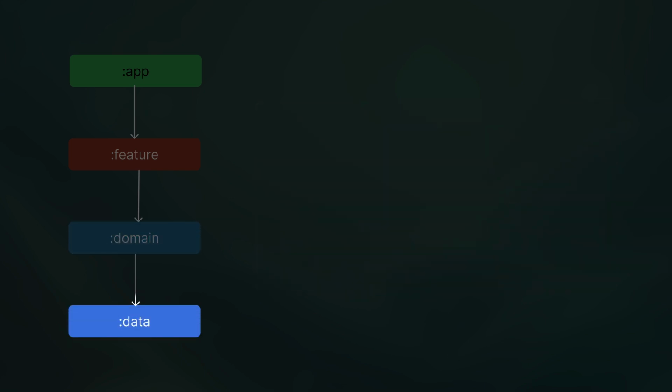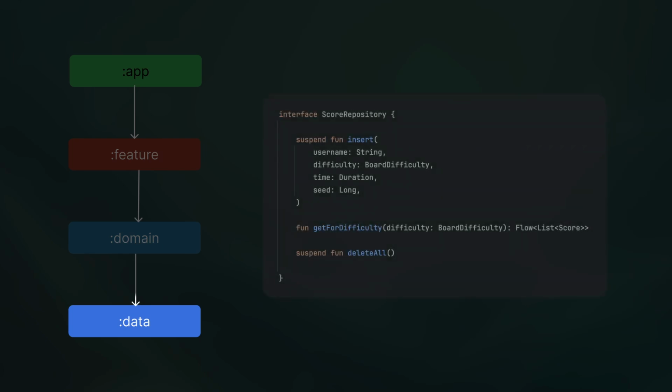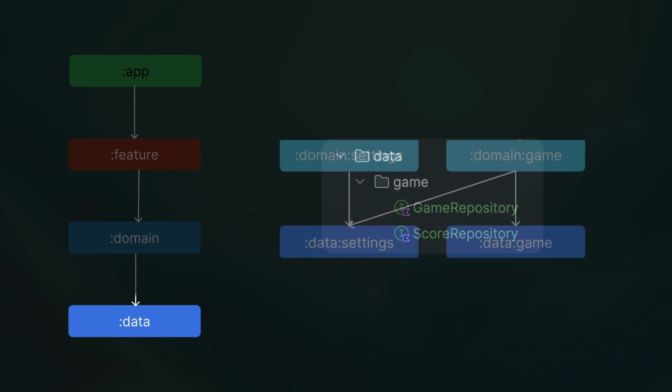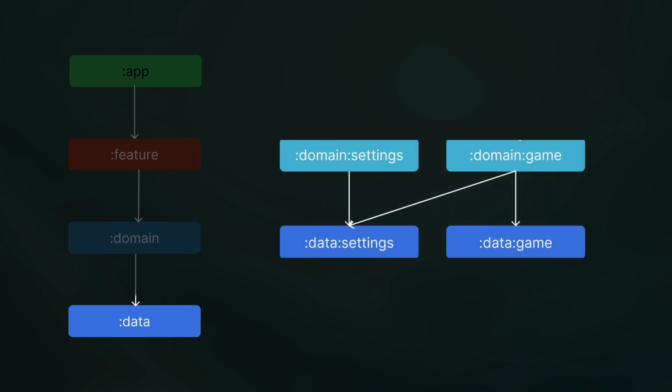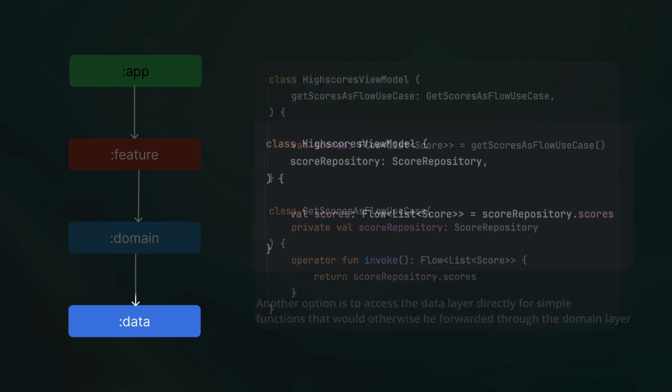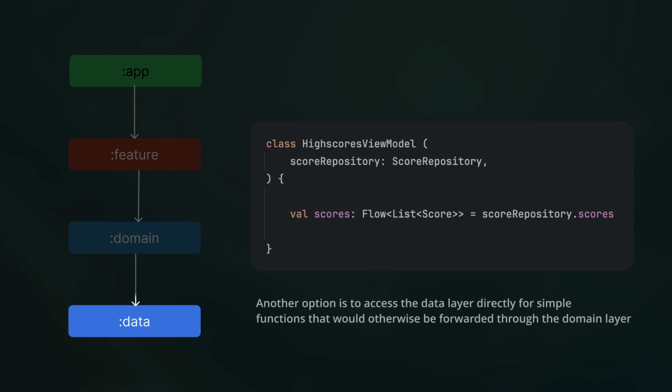And finally, the data layer handles everything behind the scenes to do with managing data. This includes fetching, storing, creating, anything to do with managing data is done here. The entry points into the data layer is usually done through repositories. In strict clean architecture, only the domain modules depend on the data layer, but in practice, feature modules often depend on it too for simple things like calls to repositories or anything that's simply forwarding a function from the data layer.